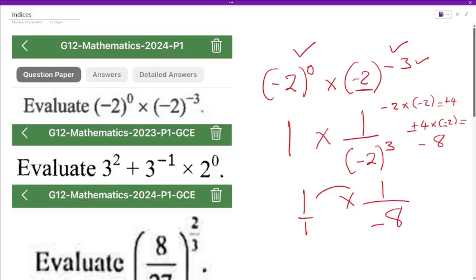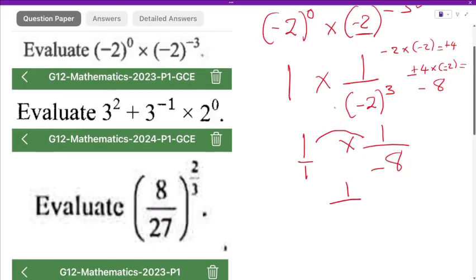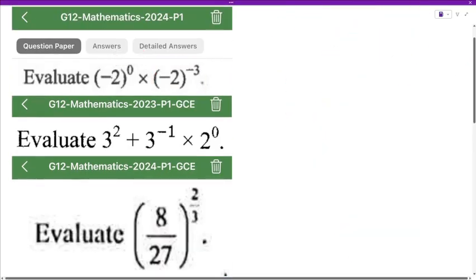We can now say 1 times 1 there is 1 over 1 times negative 8. It will give us negative 8. So that is your final answer right there, and you are done. As simple as that. The only thing the examiner did to confuse people here is add that negative power there, and then here they just wanted to check, does this person know that any number raised to the power of 0 is 1? Okay, so that is that, and you're done.